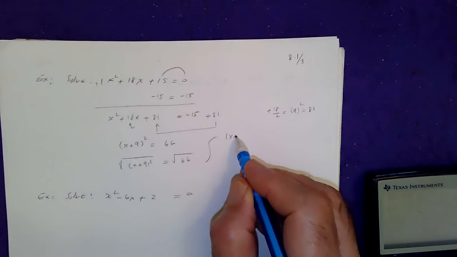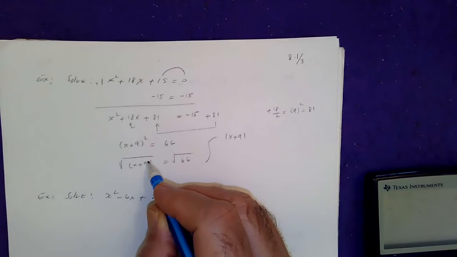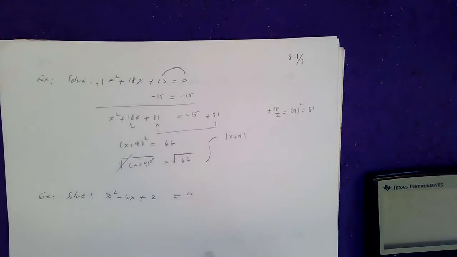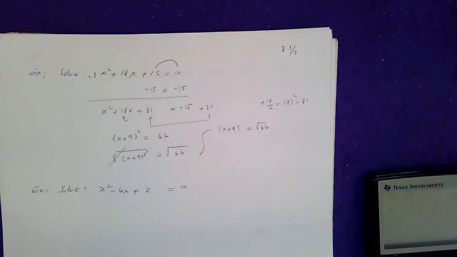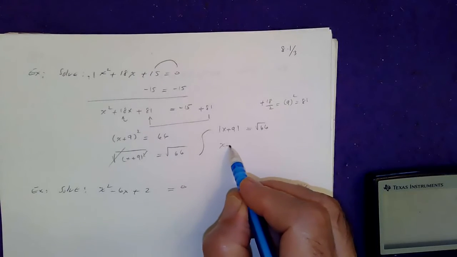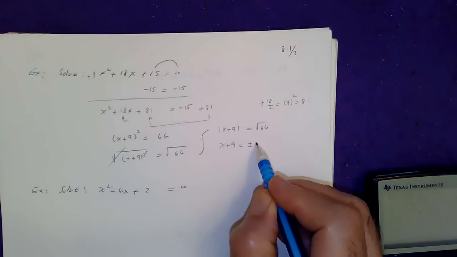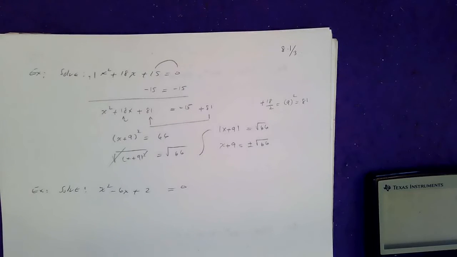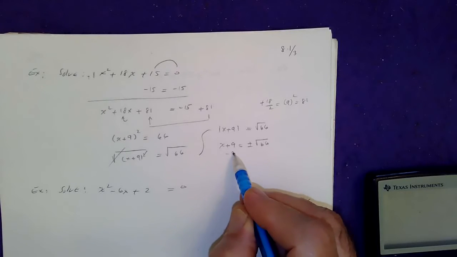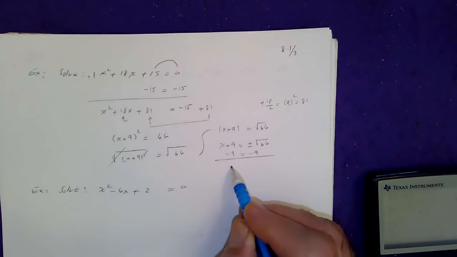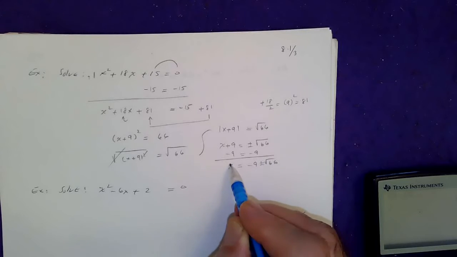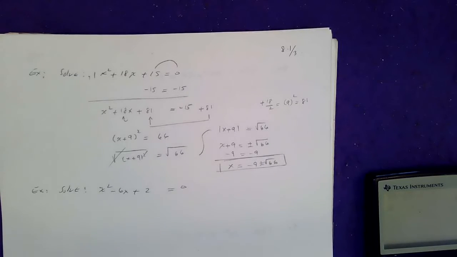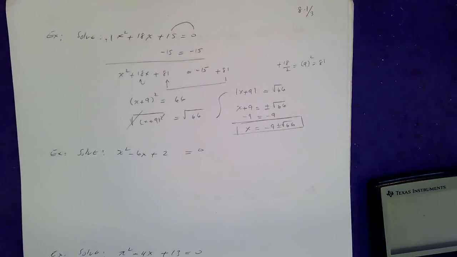Absolute value of x plus 9 on the left side, because the 2 wipes out the radical. But then you get the square root of 66. So drop the bars, right? Attach plus or minus. I think the square root of 66 is simplified already. Subtract 9. So you get x equals -9 plus or minus square root of 66. So we should be A-okay. Do you see it?